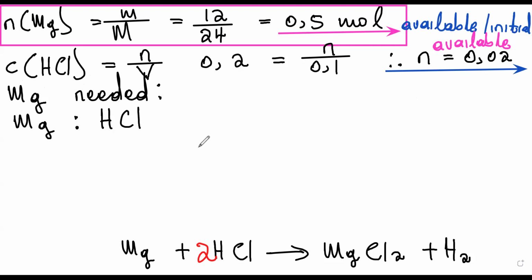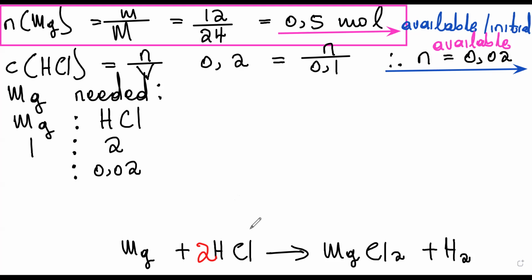Magnesium and hydrochloric acid relate in a 1:2 ratio. Now I want to know, if I have 0.02 moles of hydrochloric acid, how many moles do I have for magnesium?